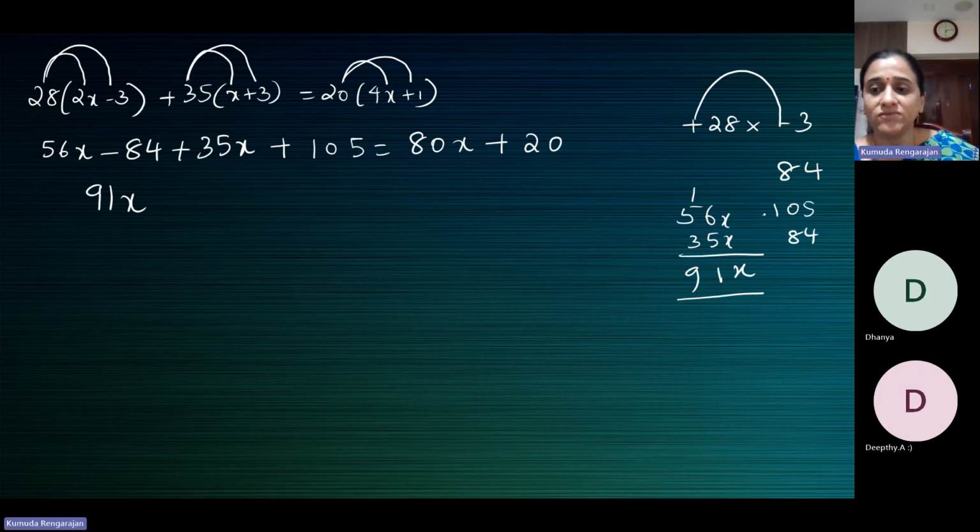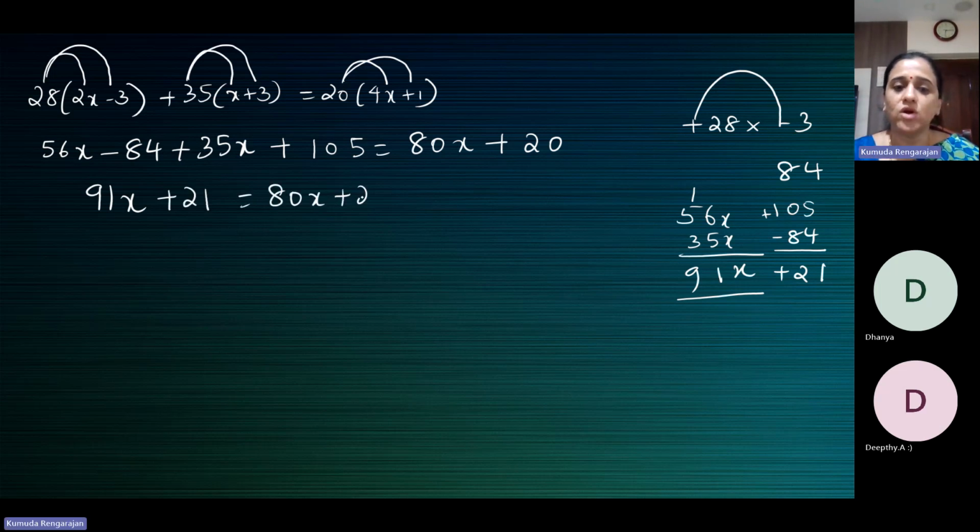Minus 84 plus 105, different signs. Subtract, and put the sign with the greater number. Plus 21. Plus 21 is equal to 80x and 20. 20 cannot be simplified further because they're not like terms. They're unlike terms, so you cannot simplify them further.